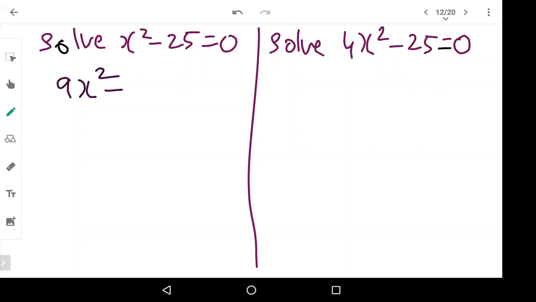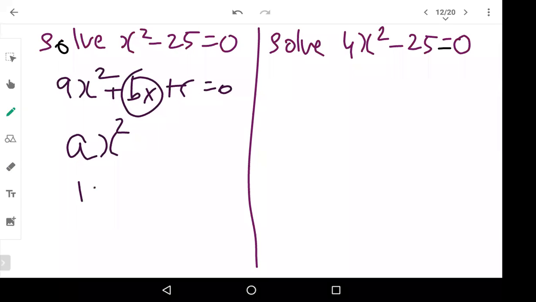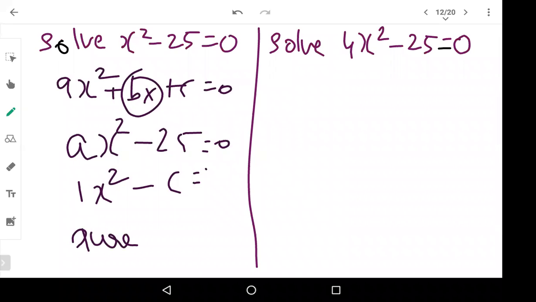The usual form is ax square plus bx plus c is equal to 0, correct? But in this format you don't have this. You only have ax square, that is 1x square minus 25 is equal to 0. So these are pure quadratic equation forms.